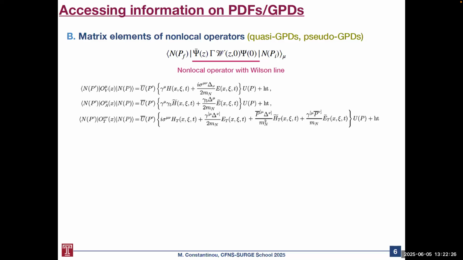In the last 10 years, there have been some pioneering developments where people thought, wait a minute, maybe there is a way around the fact that I work on a Euclidean lattice.